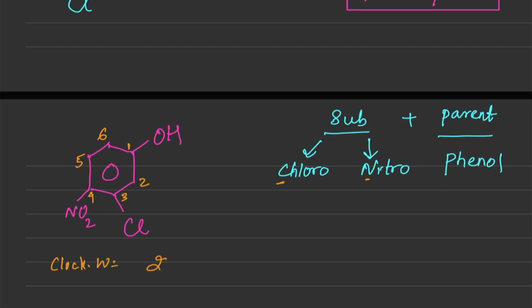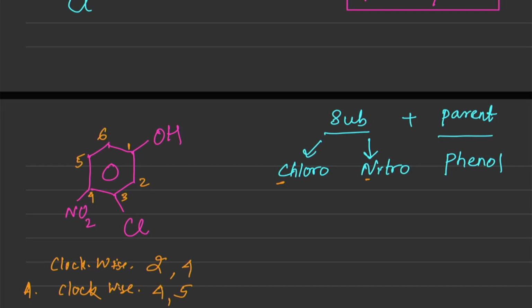If I go anti-clockwise, 1, 2, 3, 4, and 5, my substituents would be on numbers 4 and 5.